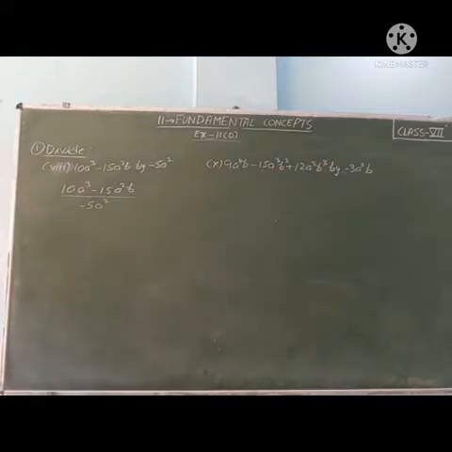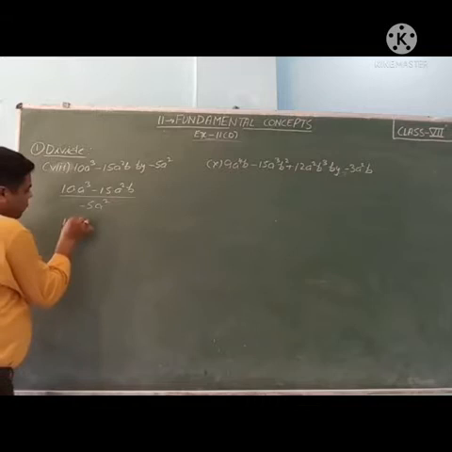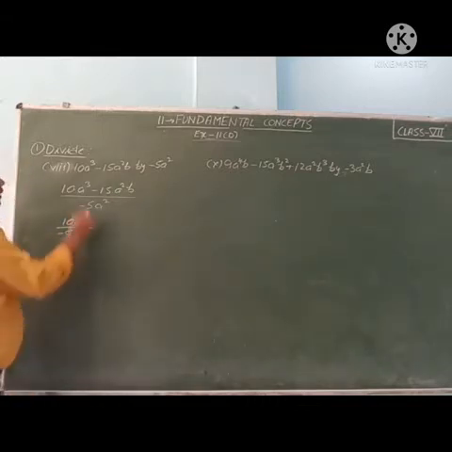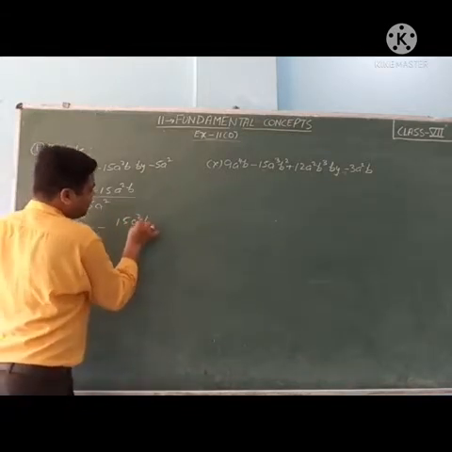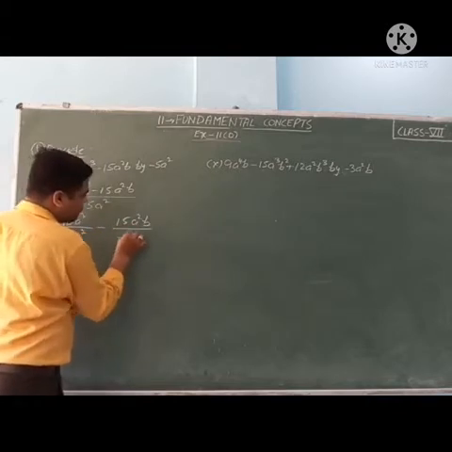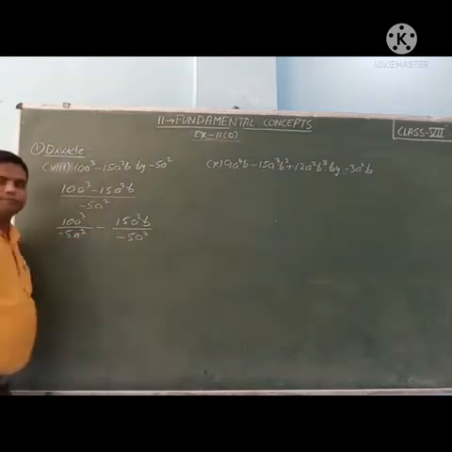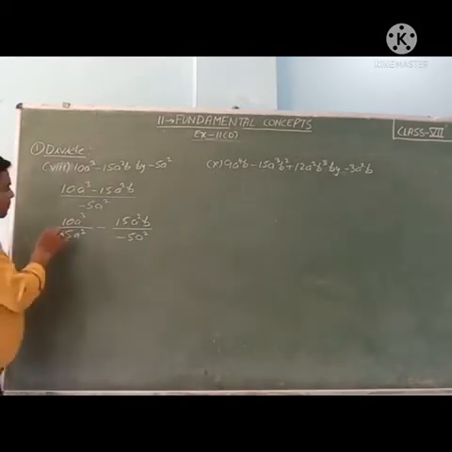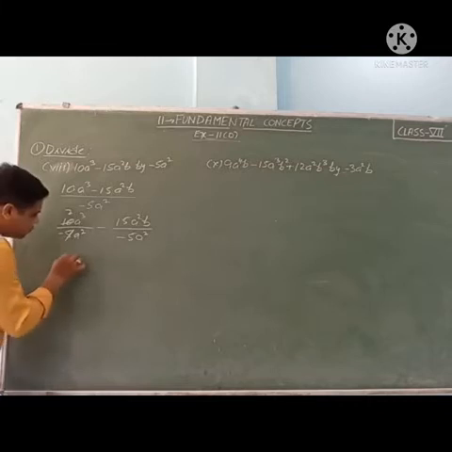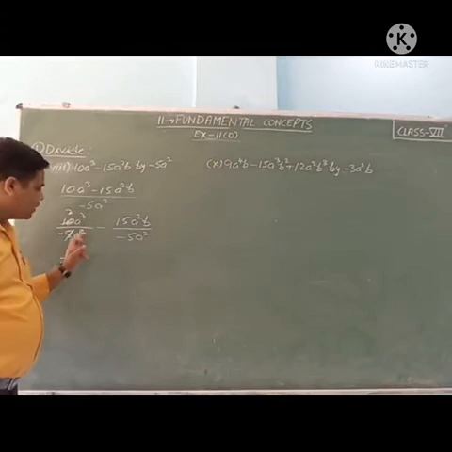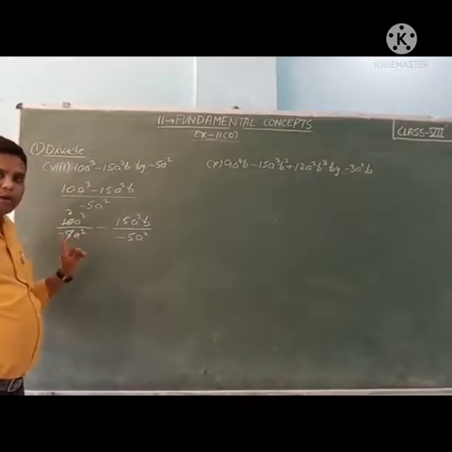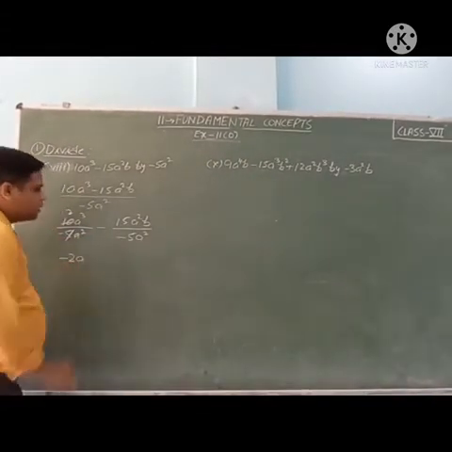See, this 10a³ upon minus 5a², then this minus 15a²b upon minus 5a². This: 5 2s are 10, plus minus minus 2. Now about the a. Here power 3, here power 2. 3 minus 2 means 1, a raised to power 1. So it means minus 2a.